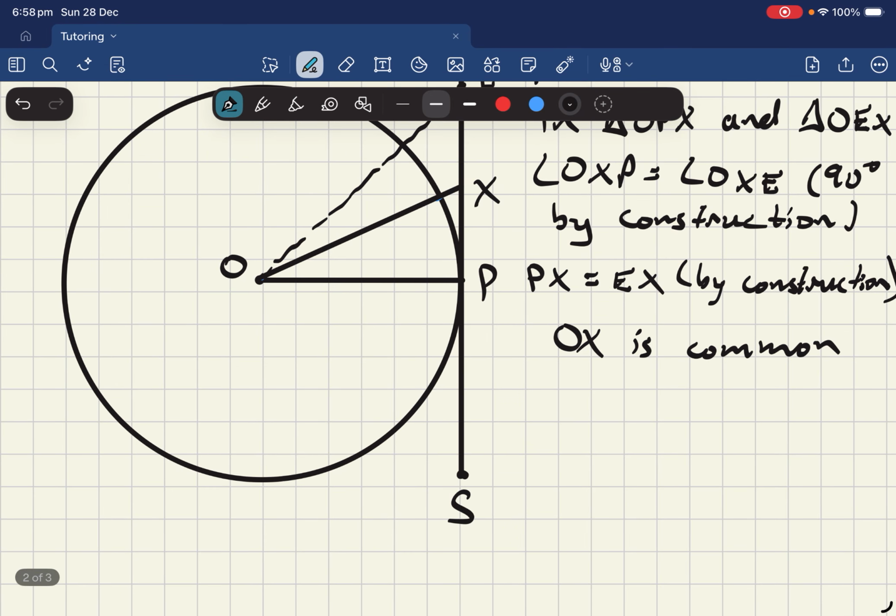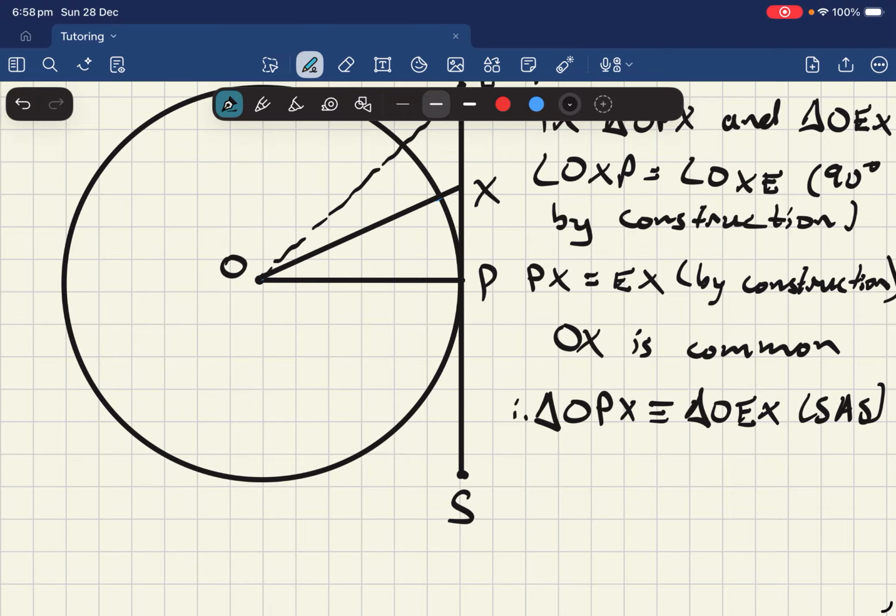Now, we also know that OX is common in these two triangles. Since we know these three things now, and just bear with me, this is a long proof, we can say that OPX is congruent to OEX. This is by side, angle, side.